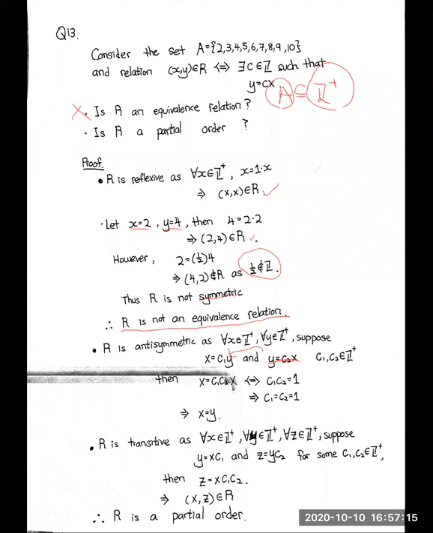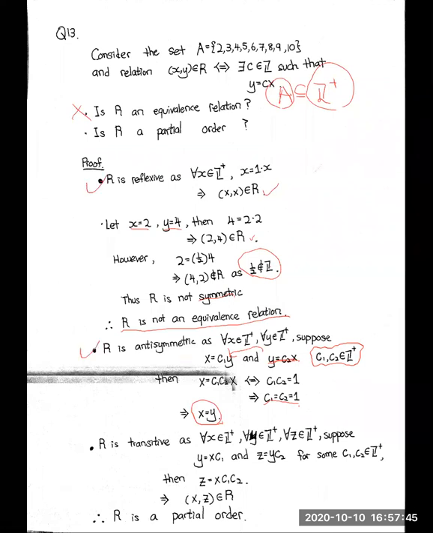Since x is a positive integer, we can divide to get c1c2 equals 1. That is why sometimes it is important to write that it is the set of positive integers, so our c1 and c2 must be positive. Since positive, we conclude that c1 equals c2 equals 1. Then if you substitute back, you will get x equals y. So in this case, we know that R is anti-symmetric.